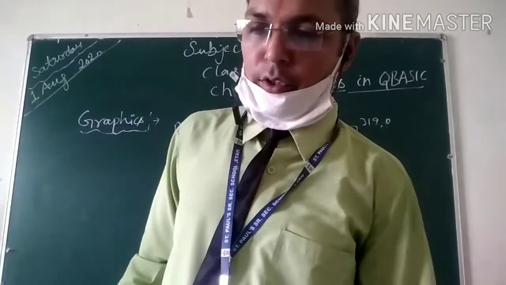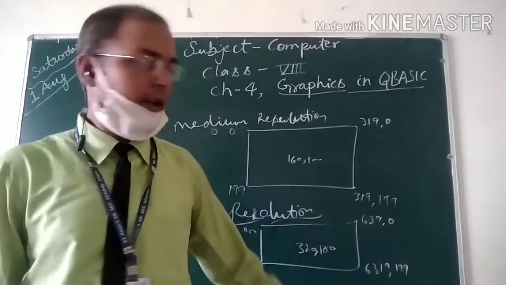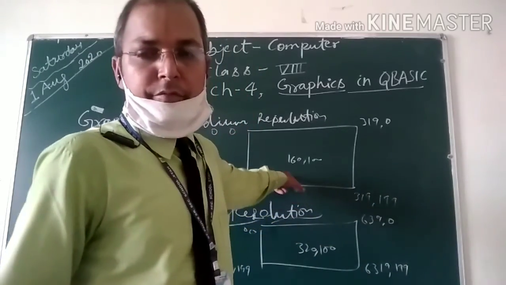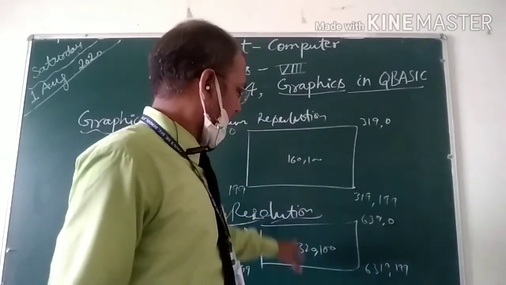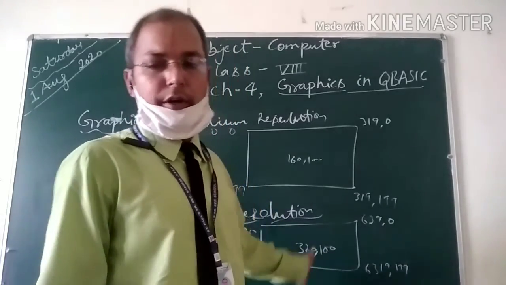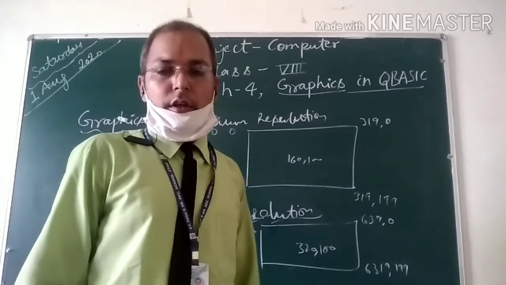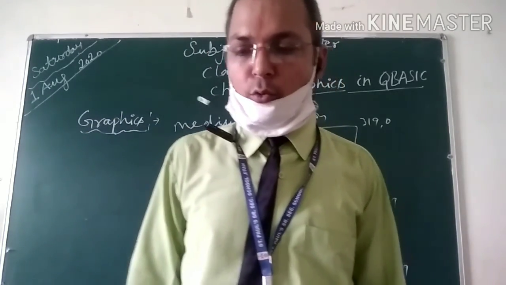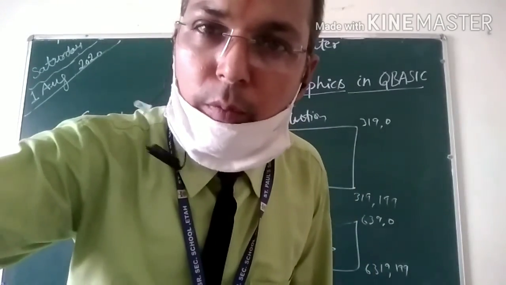In the medium resolution, there are 320 horizontal and 200 vertical pixels. In the high resolution, there are 640 horizontal and 200 vertical pixels. Okay, my dear students, in the next video we will start switching between screens.